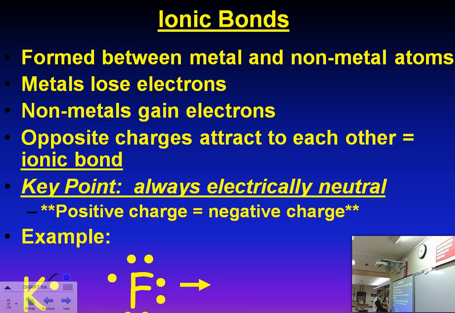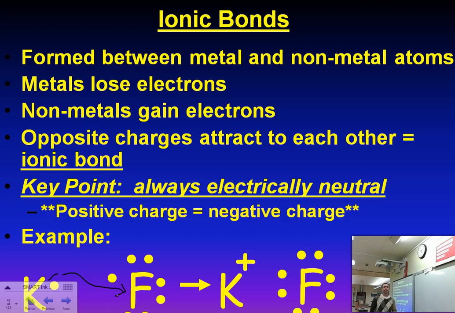So really what happens here is this electron will be transferred from potassium to fluorine, and in doing so, potassium becomes positively charged, fluorine becomes negatively charged, and the two attract. Okay, when they attract, though, they become electrically neutral. So that would be the formula for potassium fluoride, KF.